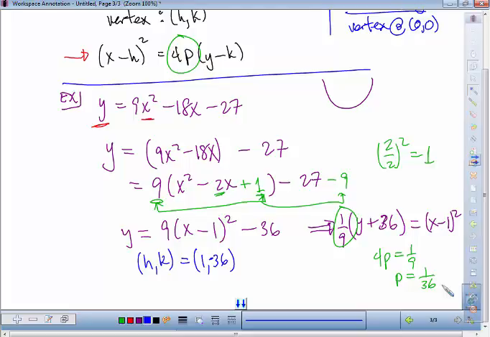Oh, so the focus point. The focus point, based on this, should be 0, p, right? And p was 1/36.